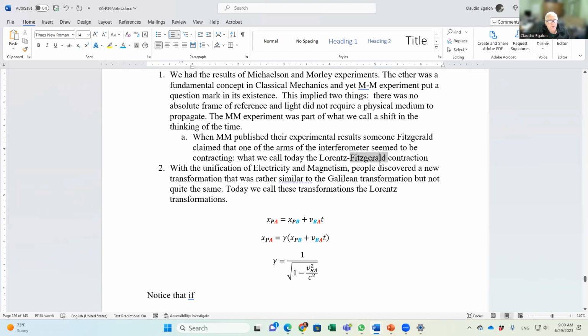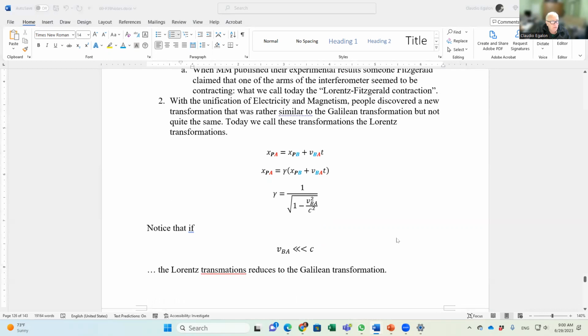It was Fitzgerald who first suggested it, and yet he doesn't have his name in front of this term. It's just supposed to be the Fitzgerald-Lorentz contraction and not the Lorentz-Fitzgerald contraction. So how did Einstein solve this dilemma?